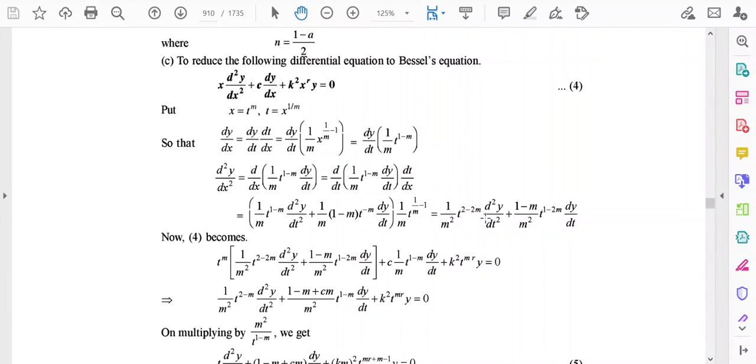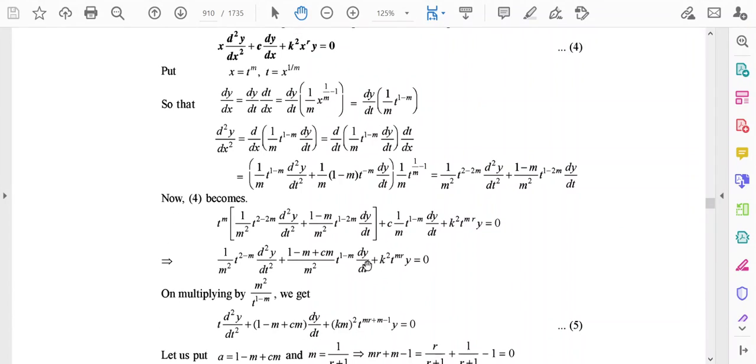Now you have to substitute dy by dx and d square y by dx square into the main equation. So after substitution into the main equation, that is equation number 4, we are obtaining this form of the equation. So you see that in the last term there is k square, and x to the power r has been replaced by t to the power mr into y is equal to 0. Other things are same.